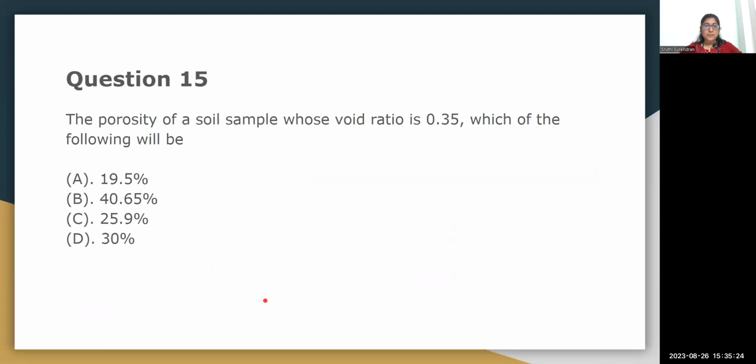Now the porosity of a soil sample whose void ratio is 0.35 will be what? Again, making use of that relation, you will have to solve it.